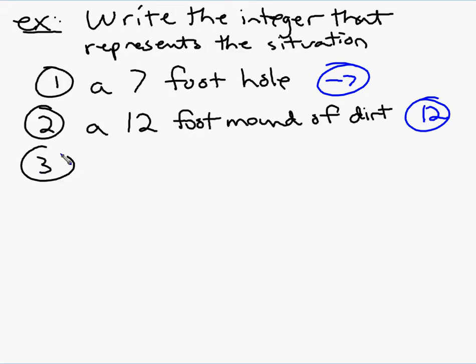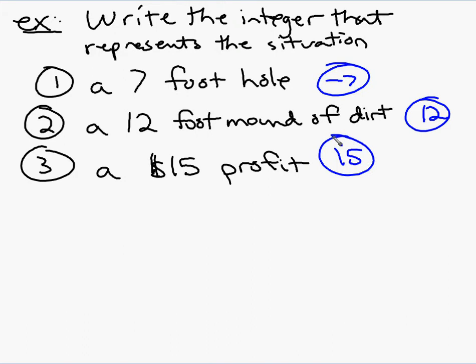How about a $15 profit? If you make a $15 profit, do you make money or lose money? You make money. So isn't this a positive 15? Okay. This would be positive 15. I think you get the idea for writing the integer.